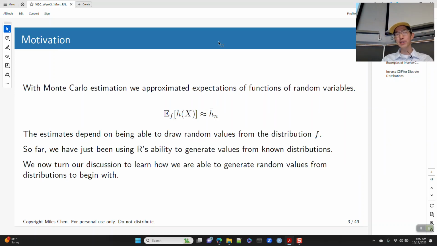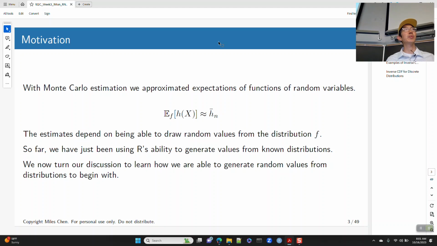And so I started off with Bayesian ideas, and then we talked about Monte Carlo integration and estimating integrals with a Monte Carlo method. And this is kind of where we left off, right? Last week we talked about Monte Carlo integration.